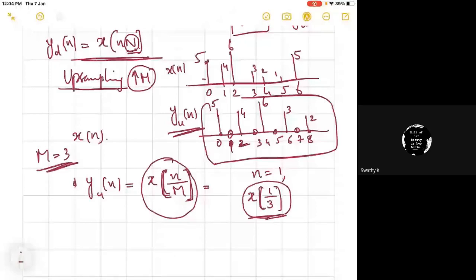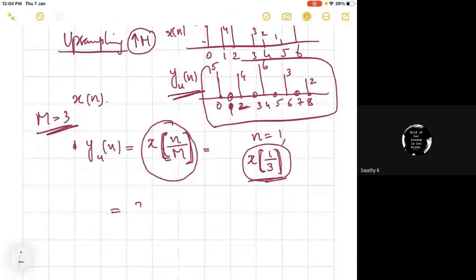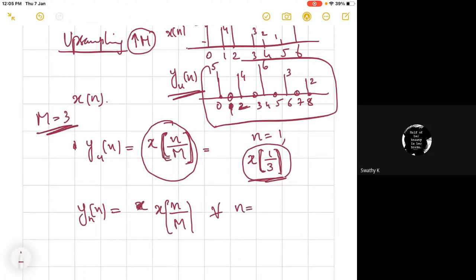So you can represent this as yu of n equal to x of n by m for n equal to 0, plus or minus m, plus or minus 2m, plus or minus 3m, like this.